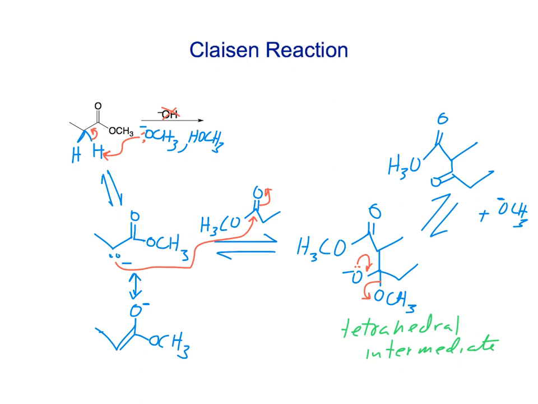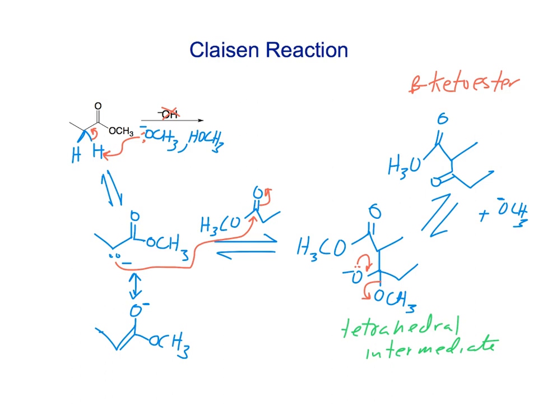So this we could call a beta keto ester. We have the ester, and on the beta position is a ketone. Now this is all in equilibrium, but the equilibrium will get shifted toward the products because of an acid-base reaction.